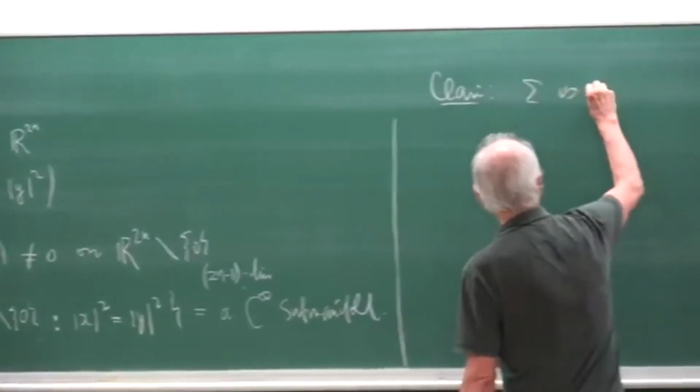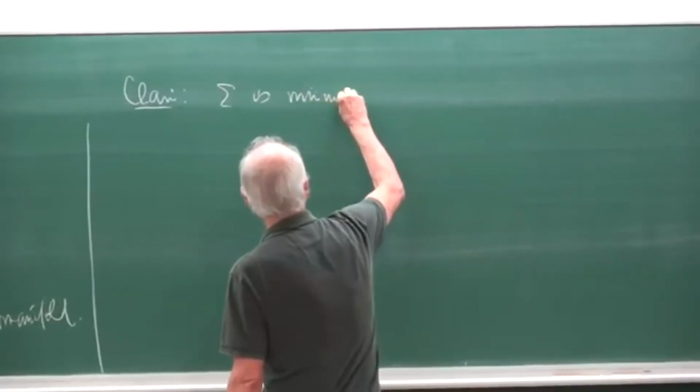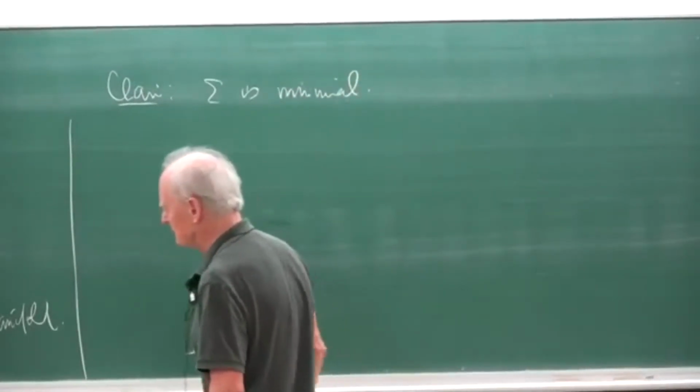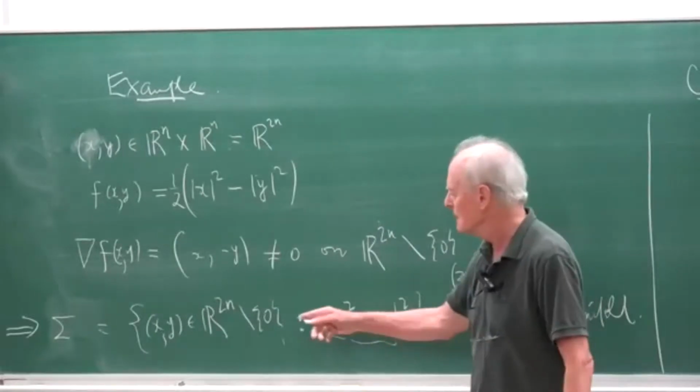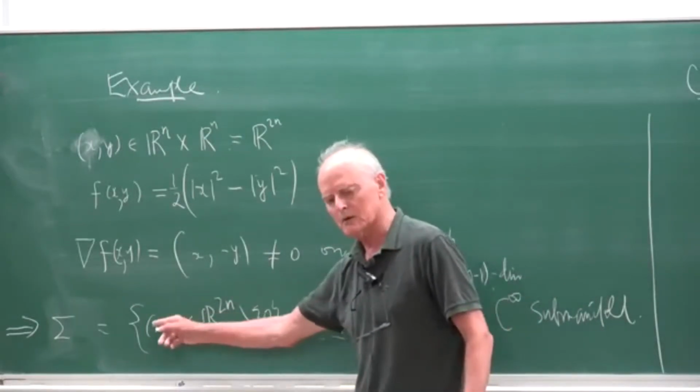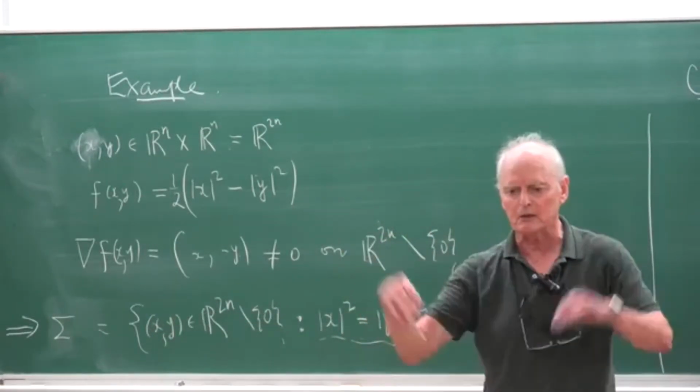Sigma is minimal. Now, before we do that computation, let's see if we can work out what this looks like. Notice that this is homogeneous, so it's invariant under multiplying both coordinates by a scalar lambda. So it must be a cone.